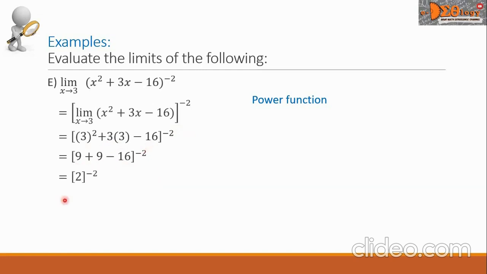Simplifying this, we have 2 raised to negative 2. Let us rationalize the negative exponent by simply putting this as 1/2 raised to 2. And this is now equal to 1 over 4. This is our final answer.